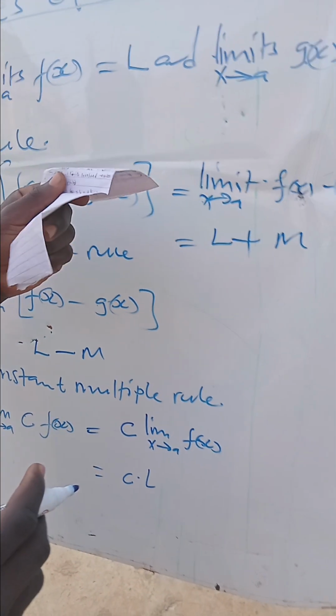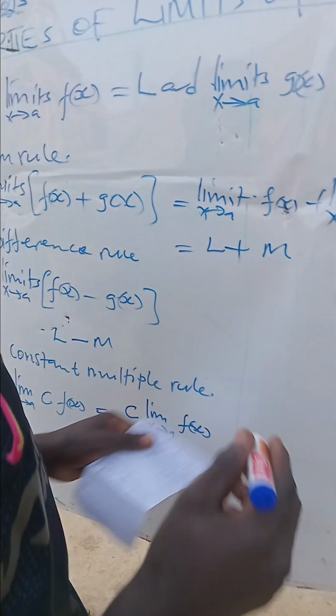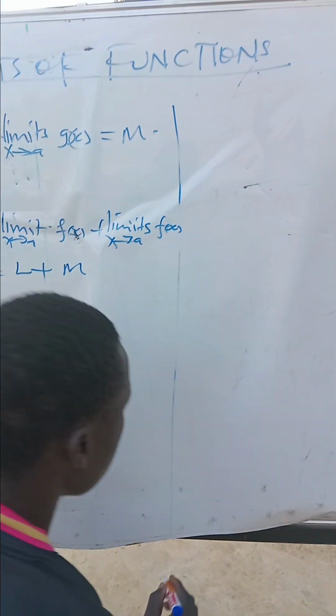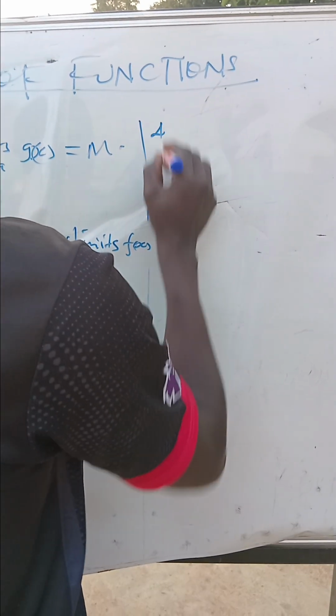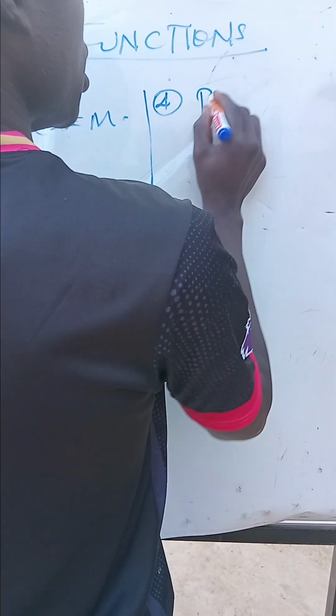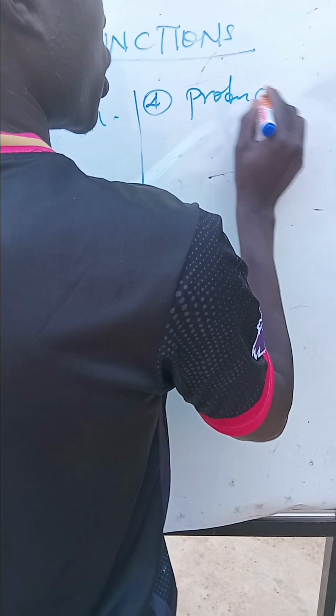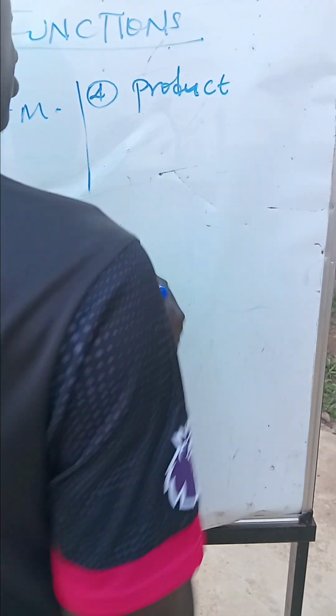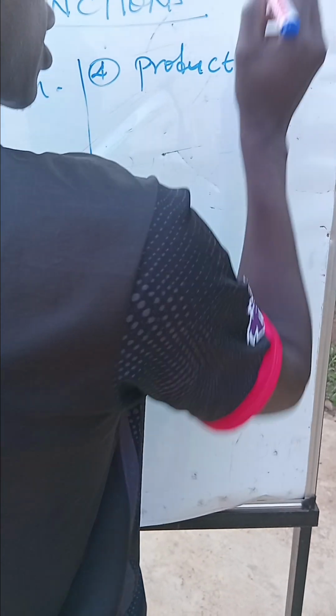Then we have the fourth property, the product rule.